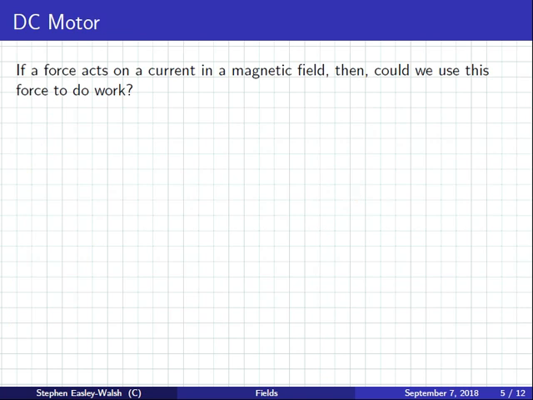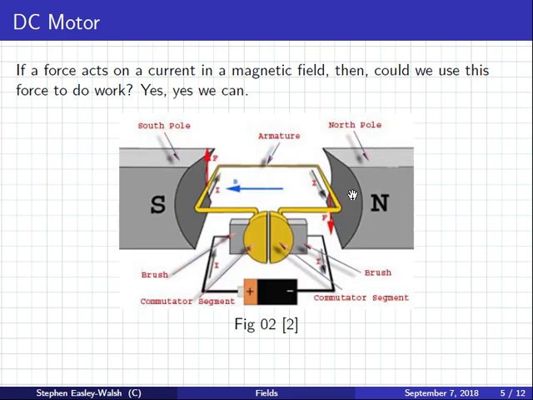Now, if a force acts on a current in a magnetic field, then could we use this force to do work? Yes, we can. If we have a current and we have a magnet, we can make a force. This here is called the DC motor. The way it works is quite simple. The current moves along this armature.